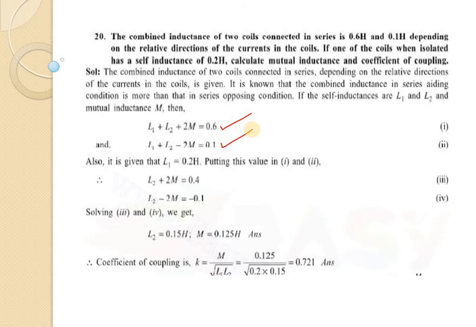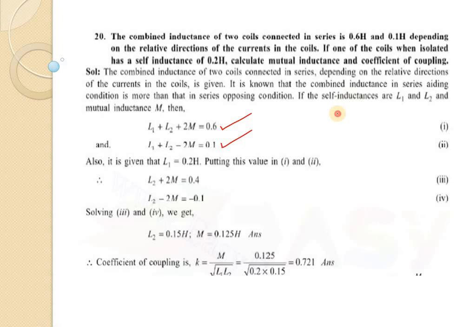So let us consider our solution. The combined inductance of two coils connected in series, depending on the relative direction of the current in the coils, is given. It is known that the combined inductance in series adding condition is more than that in series opposing condition.